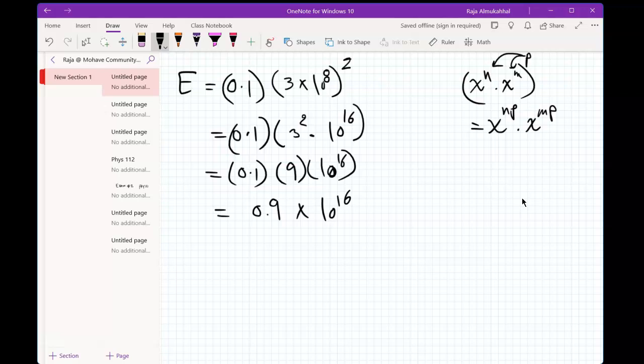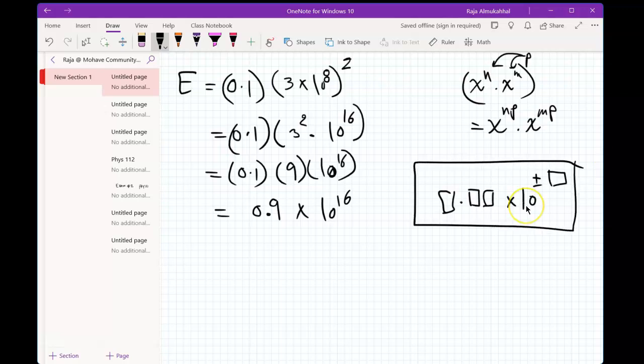But if I want to put it in the proper form, remember the proper form is number, decimal, number, times 10 to the power of plus or minus some number here, right? So what that means is that I want to put a number to the left of the decimal. So basically I want to move the decimal just one step right there.